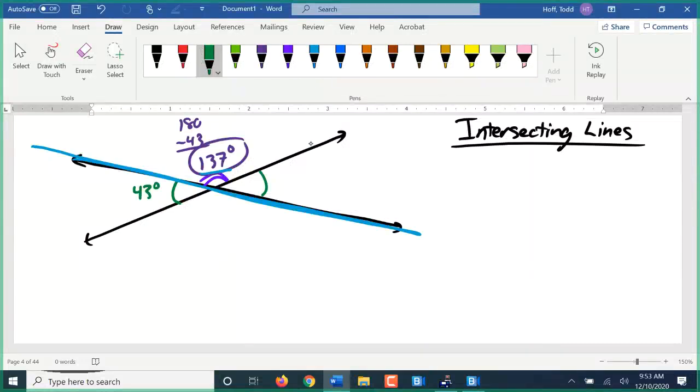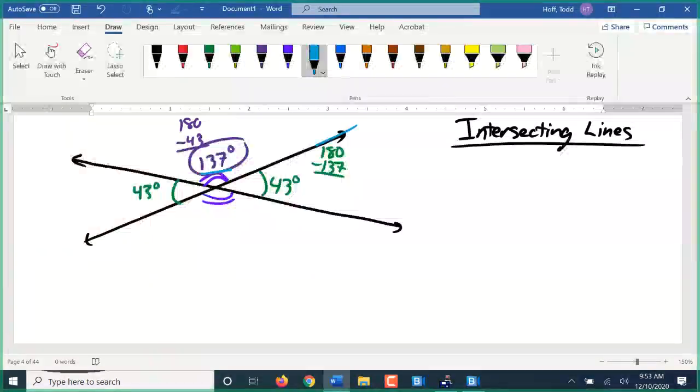So this angle over here is 180 minus 137, or 43 degrees. And finally, we would know this angle down here, because this is still a line, those two angles form a linear pair. So that angle would be 180 minus 43, which we've already subtracted to get 137.